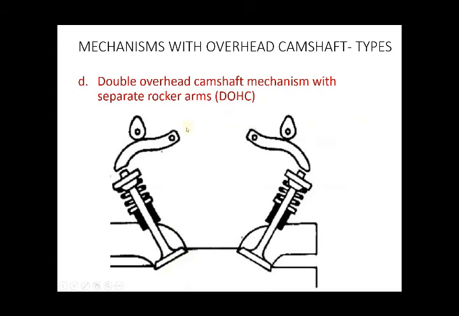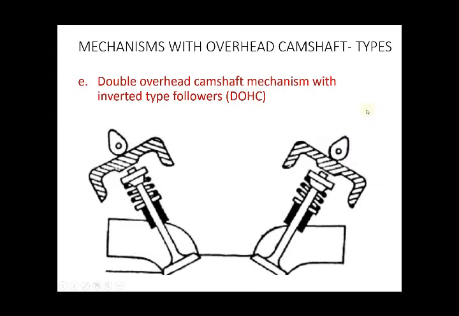So here we have two separate rocker arms, and this mechanism, as I just mentioned, is commonly found in automobiles, cars, etc. We have inverted type followers, two inverted type followers separately for the two valves. So that is known as the double overhead camshaft mechanism with inverted type followers.